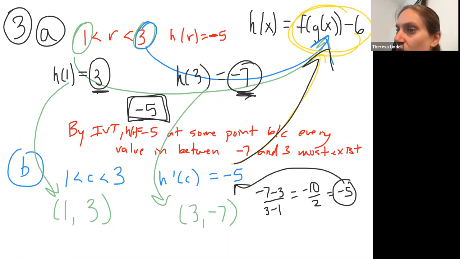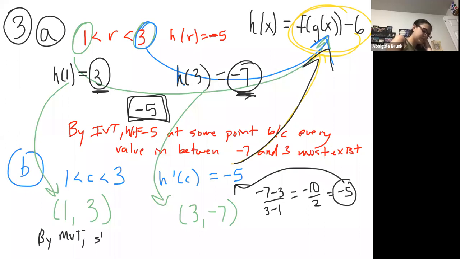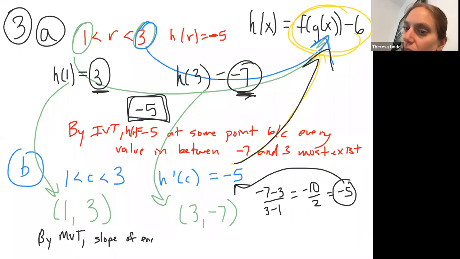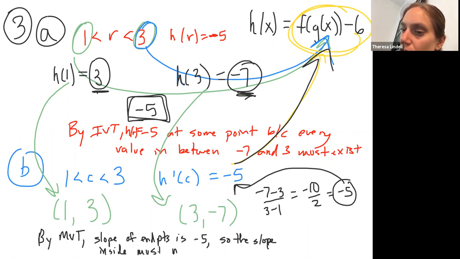So do you see how we got where we wanted? Yeah. Now we can say by the MVT, the slope of the endpoints is -5, so the slope inside must match. So finding the derivative actually did not help us, which is so sad. Now we found the slope of the endpoints, which is still finding kind of like an average slope or derivative, but boom. All right, here we go.